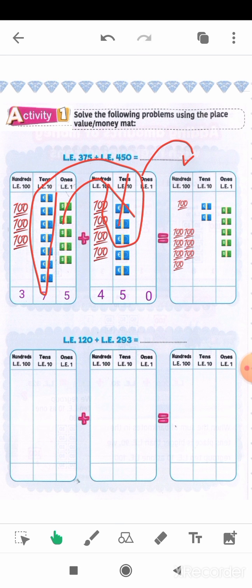My result will be 800 and 2 tens and 5 ones. So my result is 825.